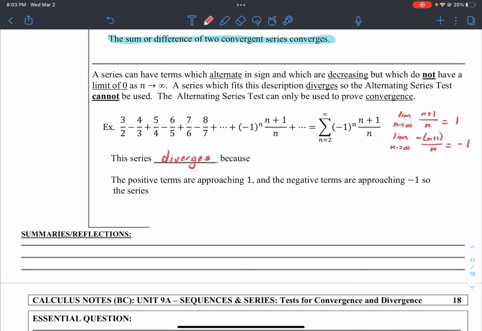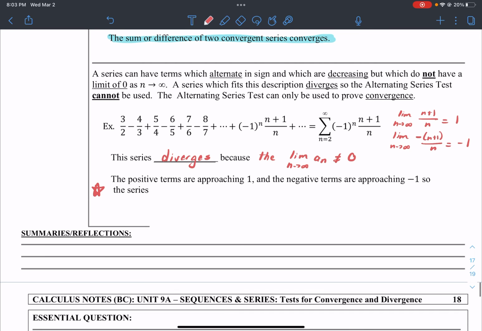Okay, it diverges by the nth term test, because the limit as n approaches infinity does not equal 0. So keep that in mind. We're approaching 1 and negative 1, not 0. So the series diverges by the nth term test, not alternating. And that's so tricky. It's just easy to get caught up on that. So I just want you to be careful with that.